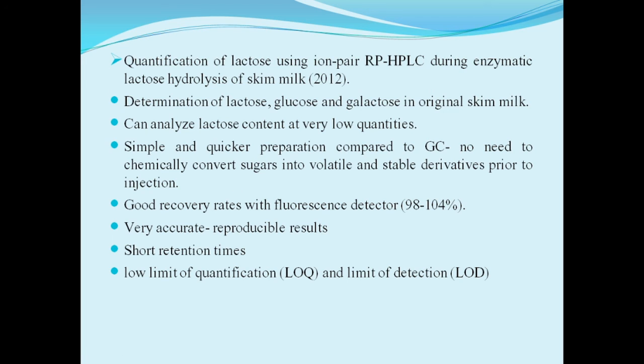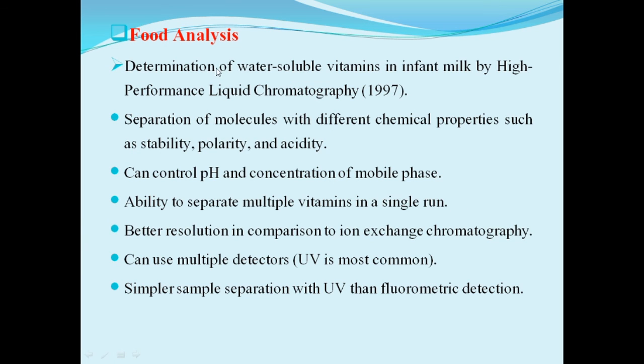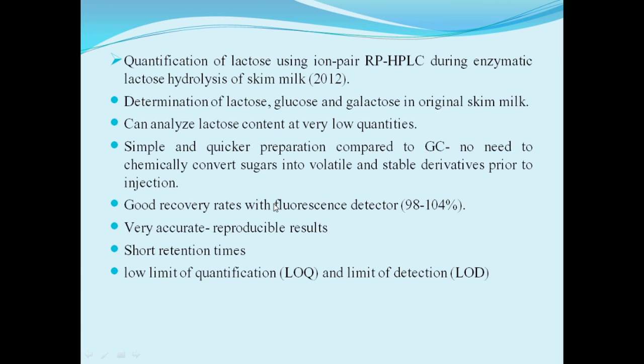Good recovery rates with fluorescence detector, 98 to 104%. Very accurate, reproducible results. Short retention times. Low limit of quantification, LOQ, and limit of detection, LOD. These are all the food analysis applications of ion pair chromatography.